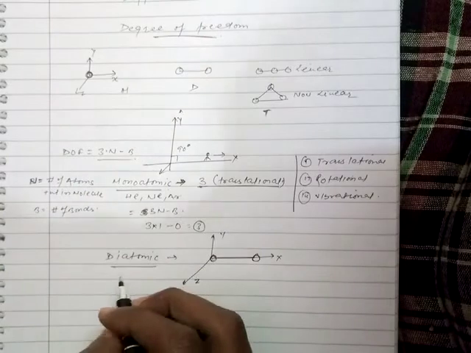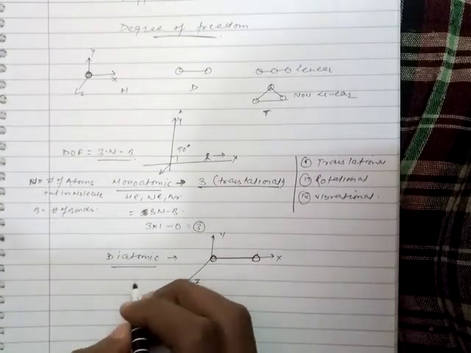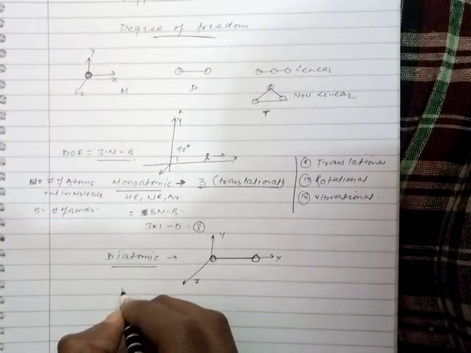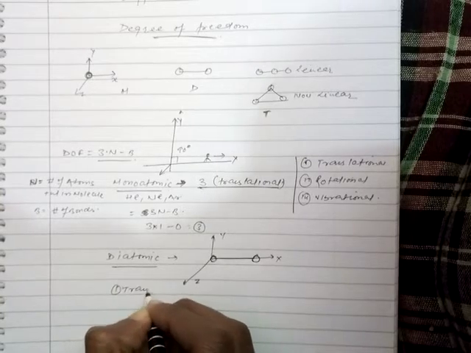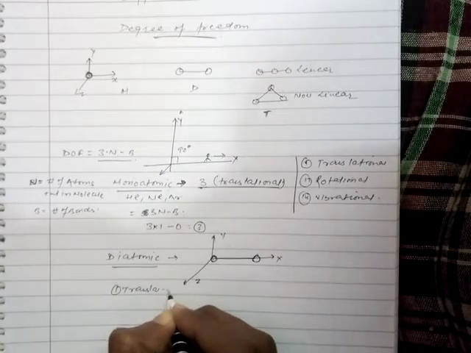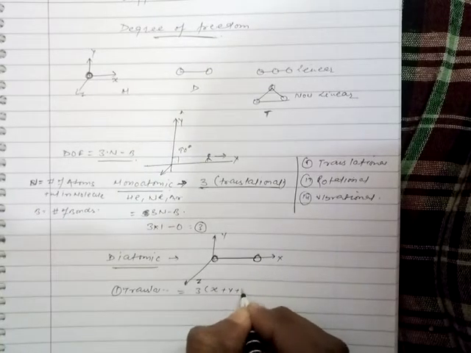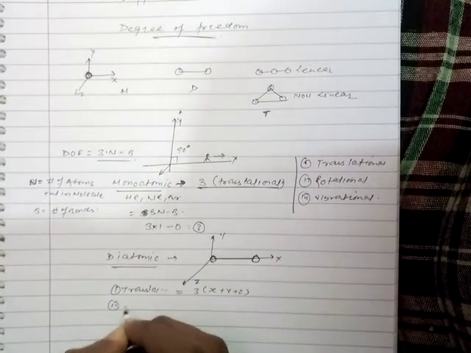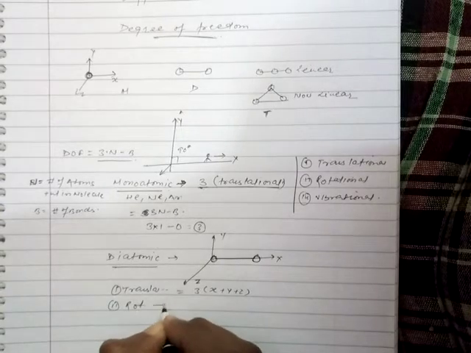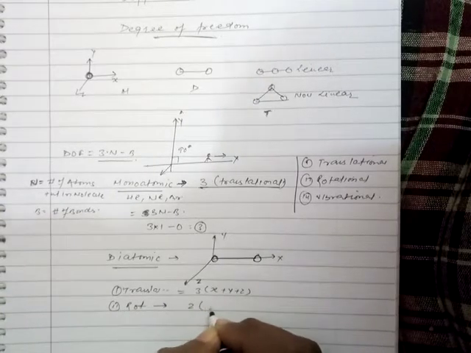So for diatomic molecules, there are two types of motion present. First is translational, and it is 3, one each along x, y, and z. The second is rotational, and it is 2, about either of the other axes.